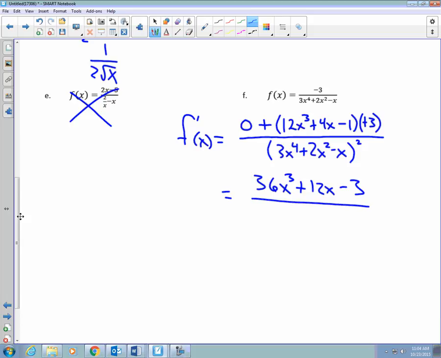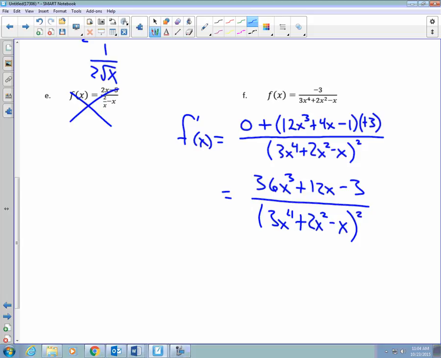You got minus a negative, it'll switch to a plus 3. At the bottom, 3x to the fourth plus 2x squared minus x, quantity squared. So again, it's nice to use the quotient rule as opposed to something like that.